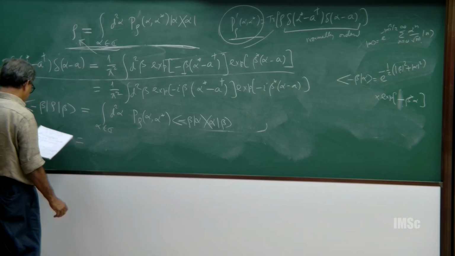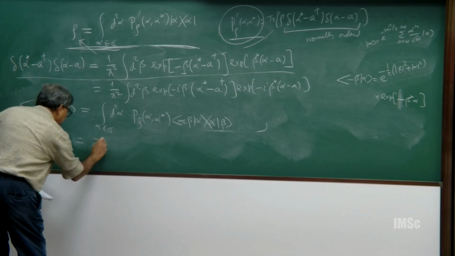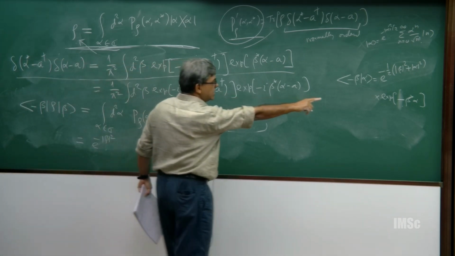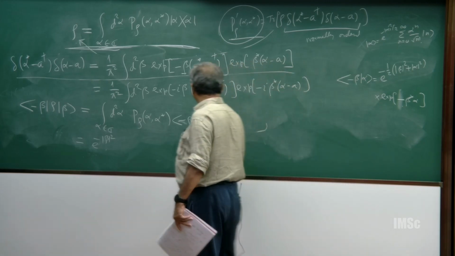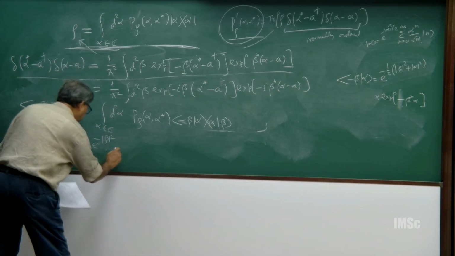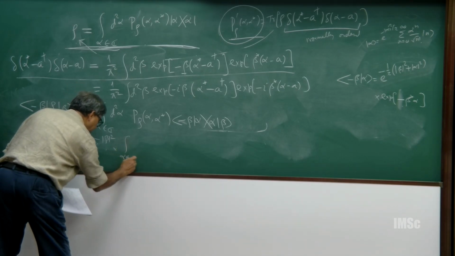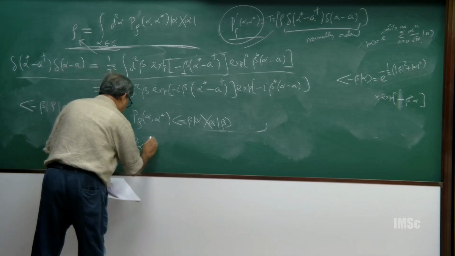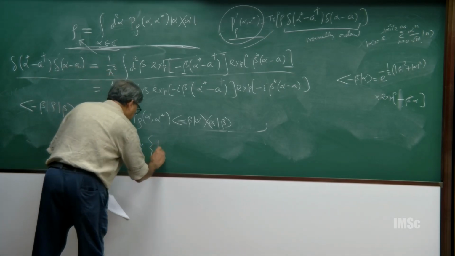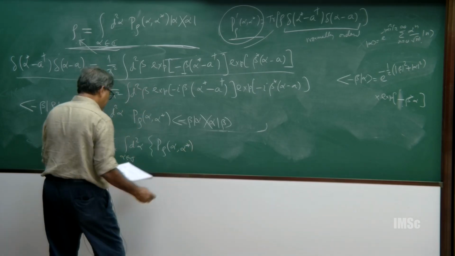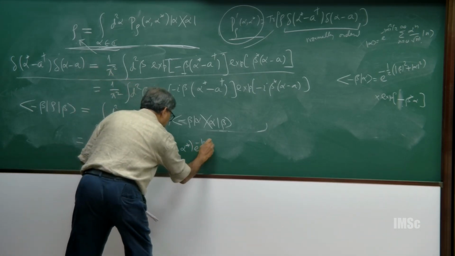So, if I put that expression, what you will get is the following: e to the power minus beta square, because 1 beta square will come from here, half beta square will come from here also. So, e to the power minus beta square, then integral over alpha belonging to C, d square alpha, and then this is p rho alpha alpha star times e to the power minus mod alpha square.